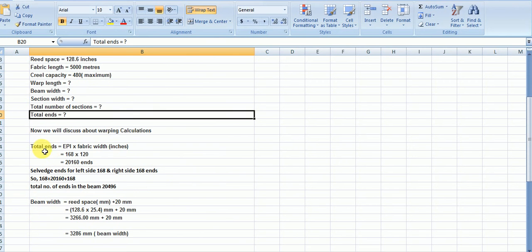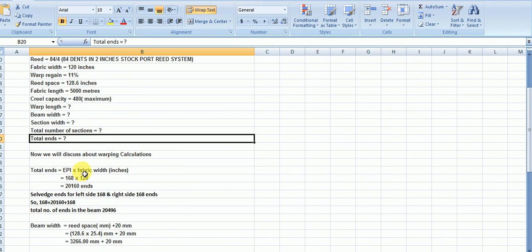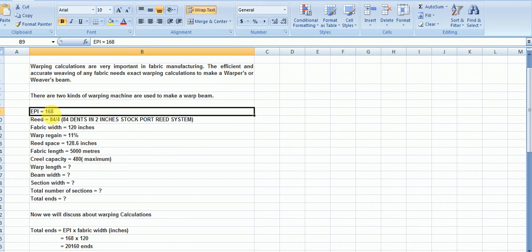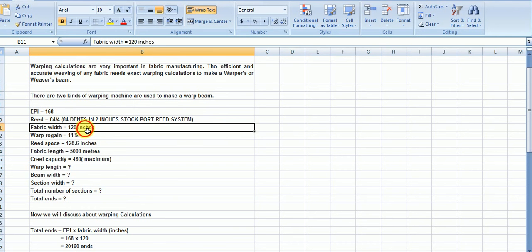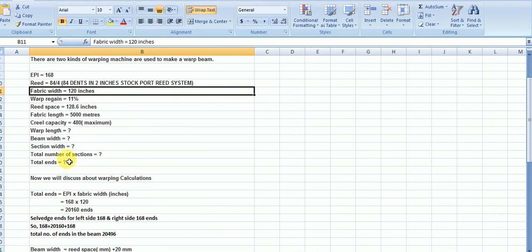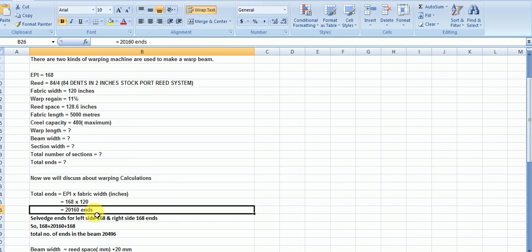Total number of ends is ends per inch multiplied by fabric width in inches. I have taken 168 ends per inch and 120 inches needed. When we multiply this, we get 20,160 ends.